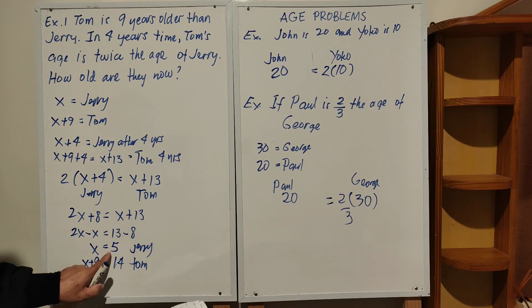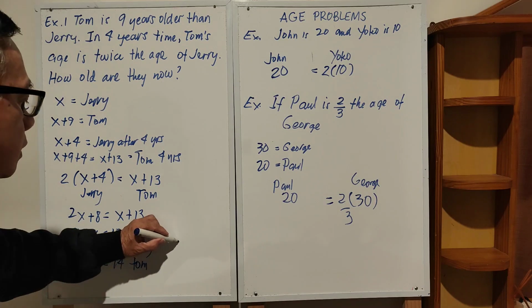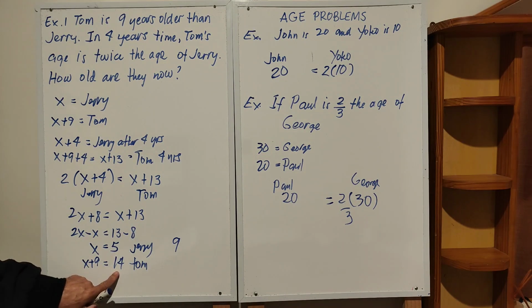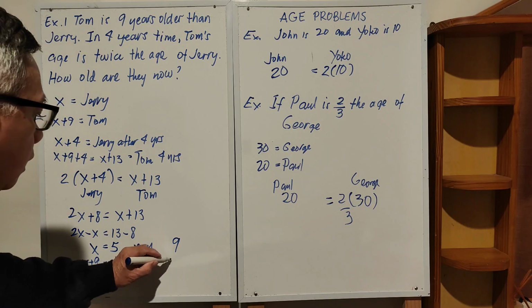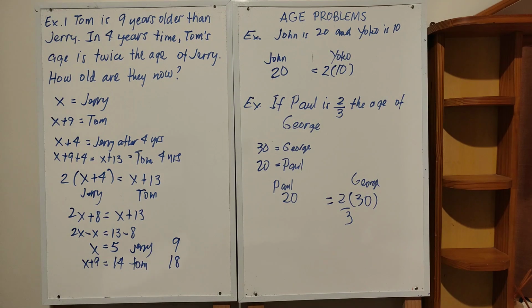Let's check: if Jerry is 5, in 4 years' time Jerry will be 9. Tom will be 18, which is twice the age of Jerry.